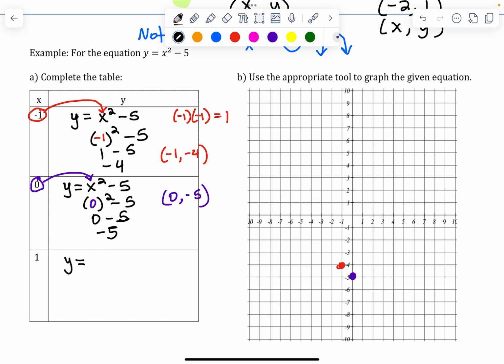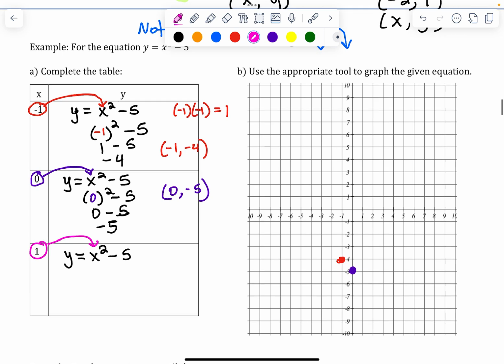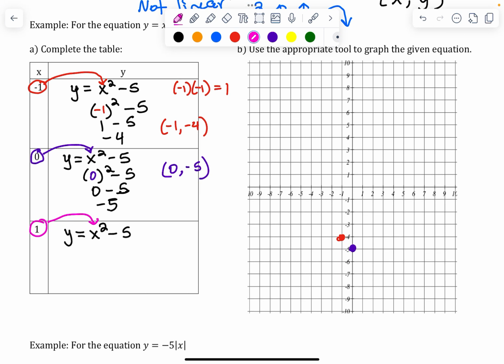And then the last one, we are plugging in 1 for x. So we get x squared minus 5. This time we're plugging in 1. 1 squared is 1, and 1 minus 5 is -4. So that gives us the point (1, -4).